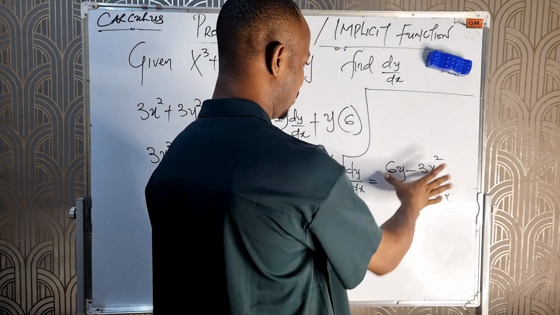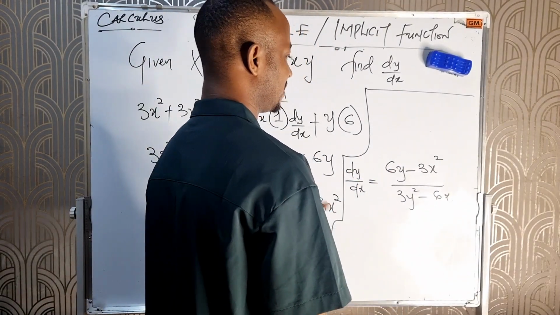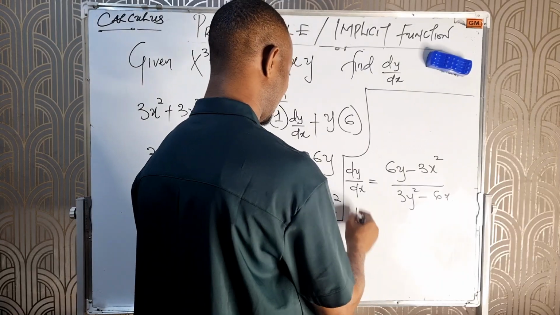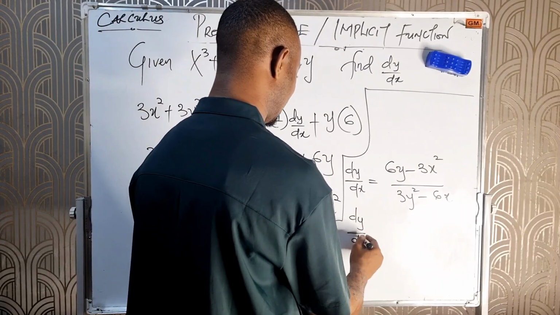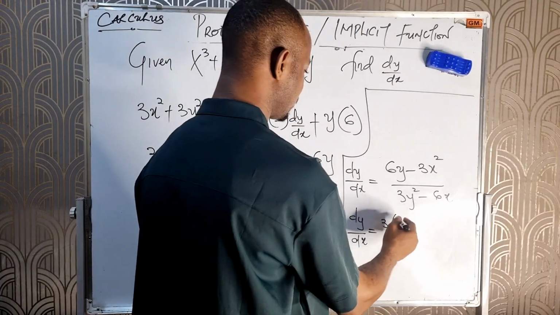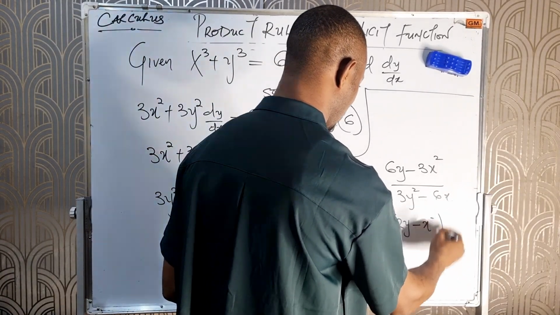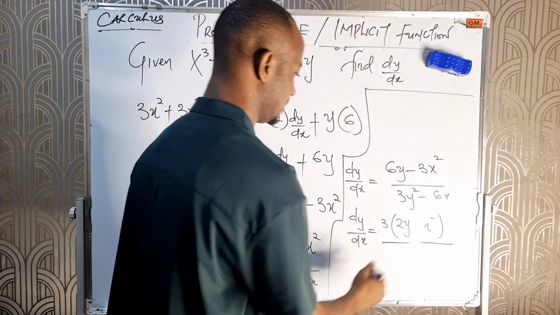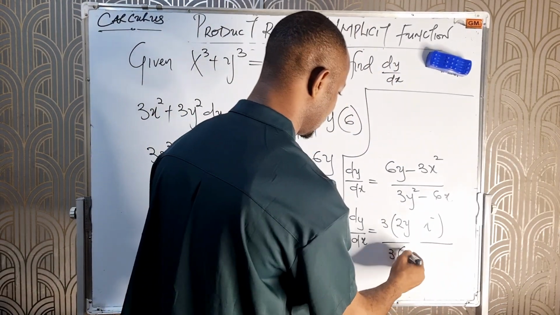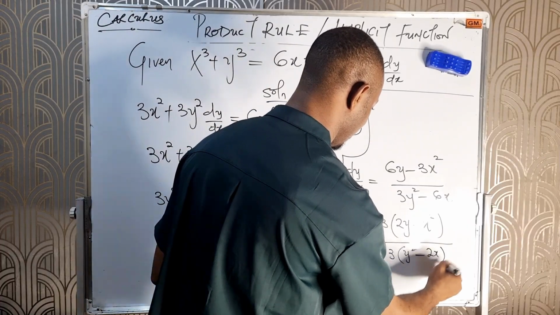If you look at this, the numerator and denominator have a common factor, which is 3. I can factor out 3, so dy/dx equals 3 in brackets (2y minus x²) divided by 3 in brackets (y² minus 2x).